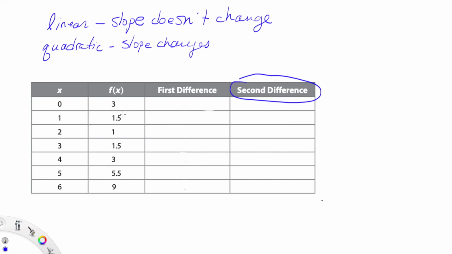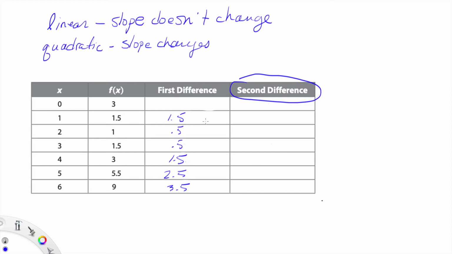The difference between 3 and 1.5 is 1.5, and this is going to be 3, because it starts off at 0, 0. The difference between 1.5 and 1 is 0.5. This again is 0.5, and then this is 1.5, then this difference is 2.5, and then this difference is 3.5.